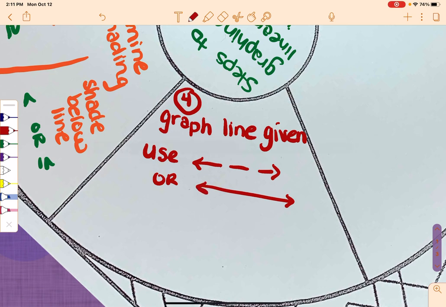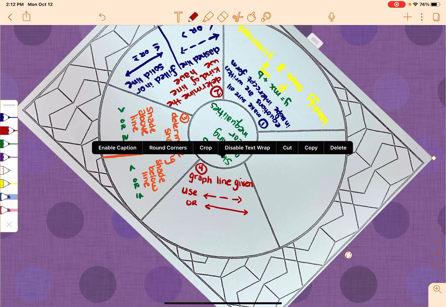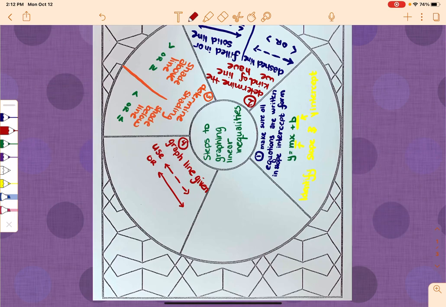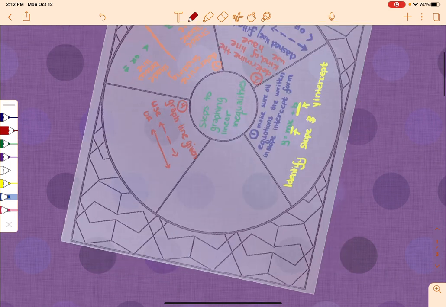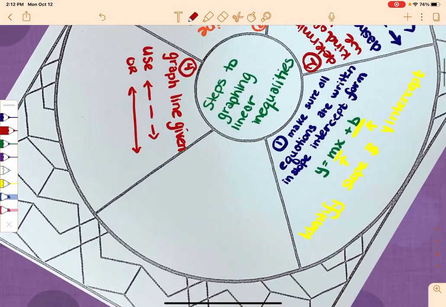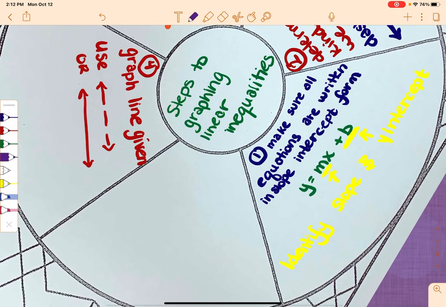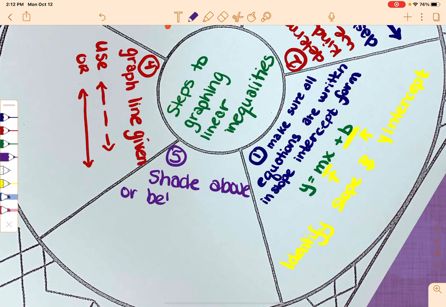So when you graph the line, it's going to be based on what kind of line you think this is. Okay. For step 5, we're going to do our shading. So we're going to shade above or below based on the inequality we have.